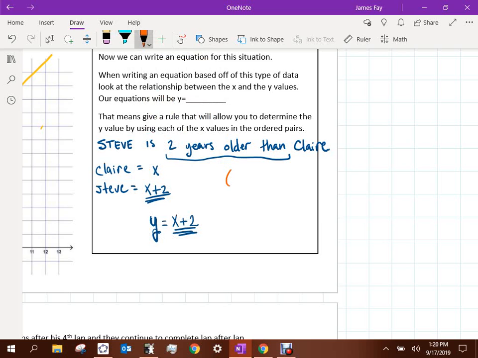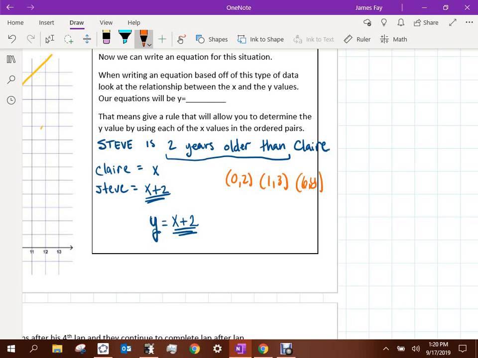So we had some ordered pairs like 0, 2. We had one of 1, 3. What do we have, one of 6, 8. If my equation is true, then all of those points, 0, 2, 1, 3, 6, 8, and all the other ones that we had up there, should fit into that equation and give me a true statement.